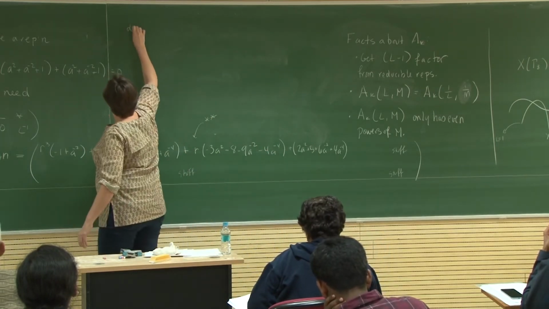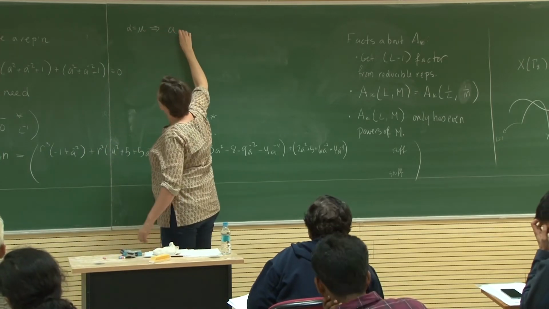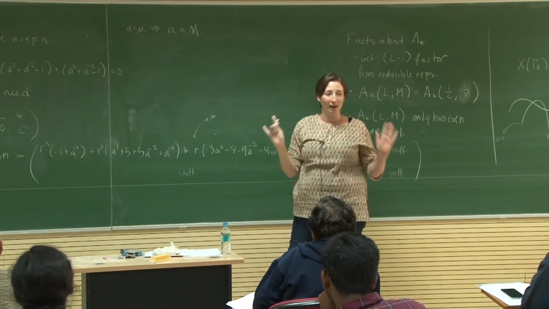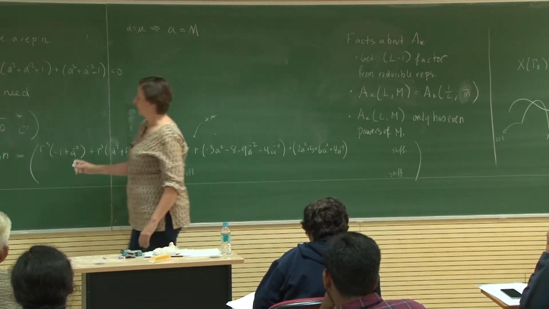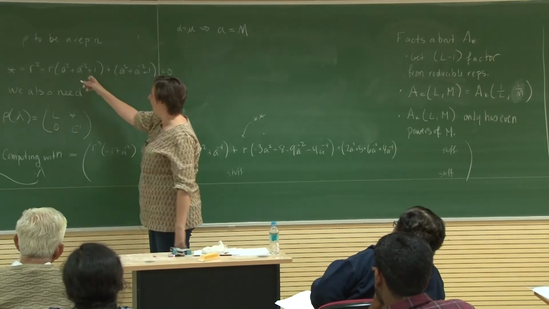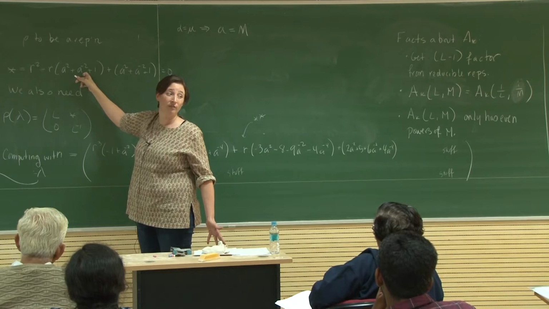Since alpha equals mu, that means that A, the 1, 1 entry, is m. Okay, so we have our m's. I have my L, right? But I also have r's. Those are the 3 variables that are involved, right?